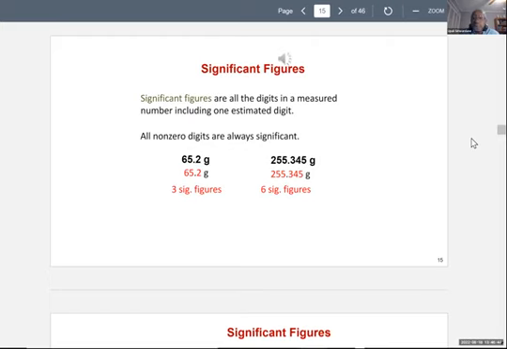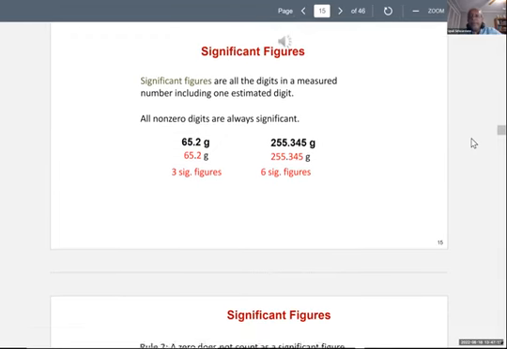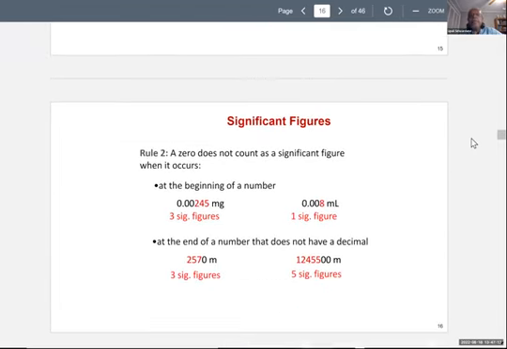The next number, 255.345, has 6 significant digits. The rightmost 5 is the first one, then you count to the left: 1, 2, 3, 4, 5, 6 digits. Okay, that's how you tell the significant figures.